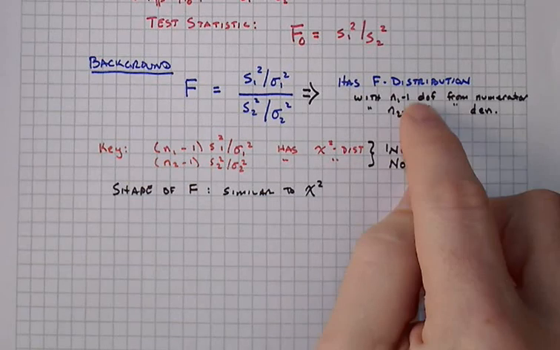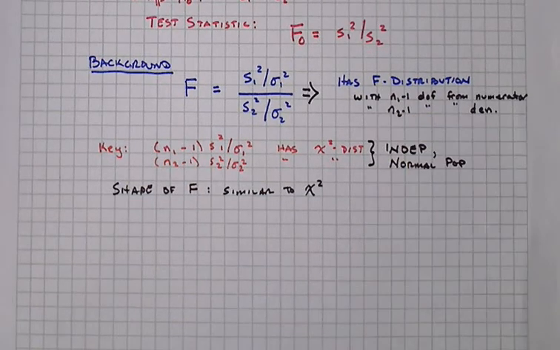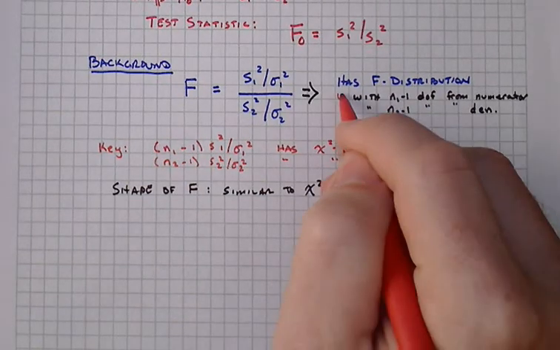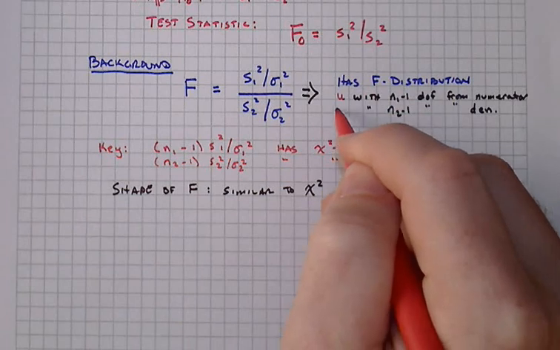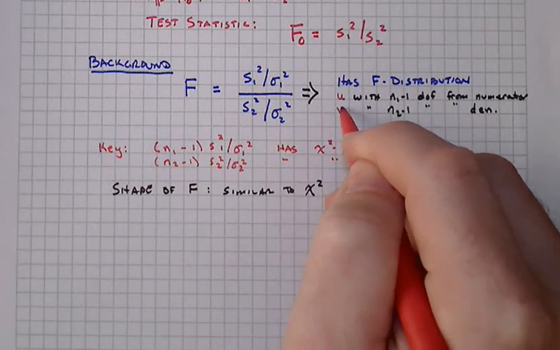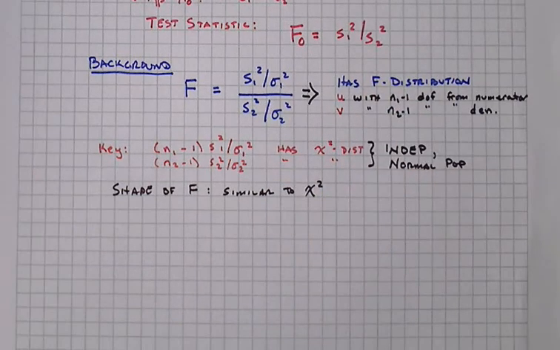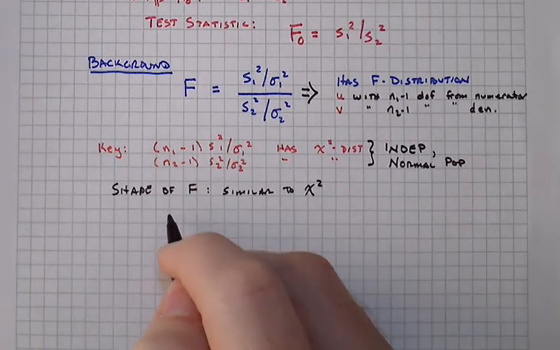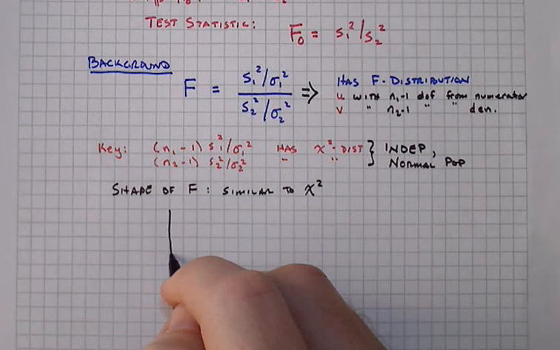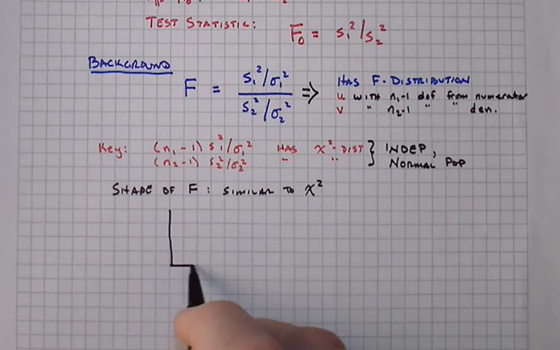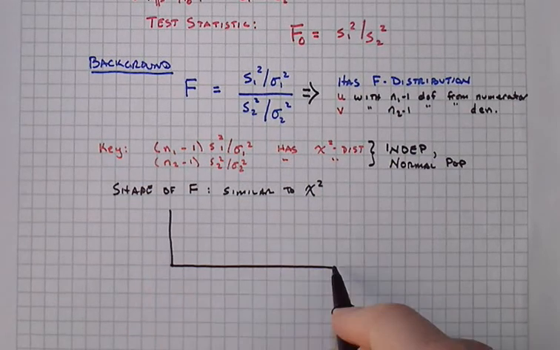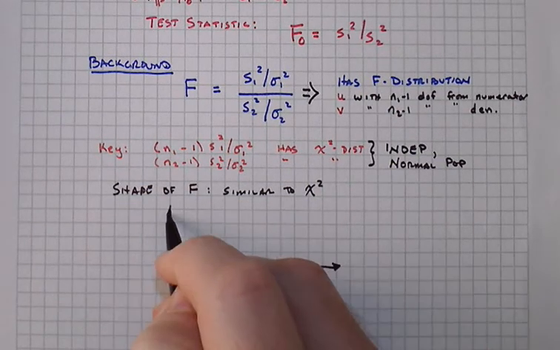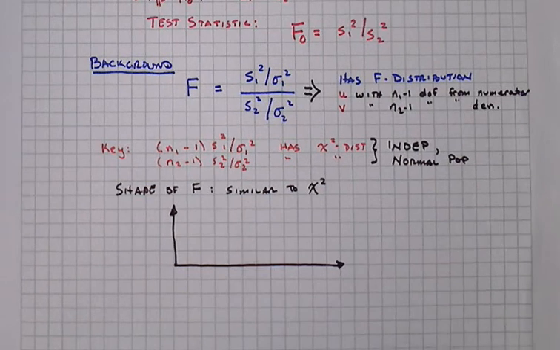We've got the n1 minus 1 degrees of freedom, we'll call that U, and n2 minus 1 is going to be the V degrees of freedom. That's important to, again, keep those very clear and distinct for the reasons that you're going to see on this particular plot of the PDF of F.